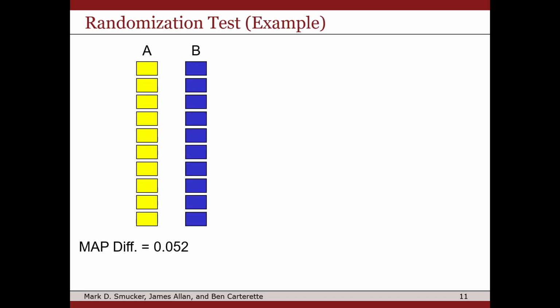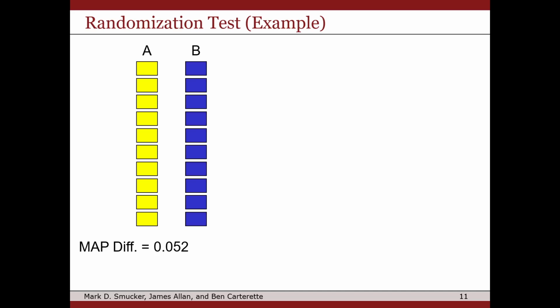So here's our example. We have System A and System B. Each one of these rectangles represents a topic, and there's some score. Imagine actually that it went on for all 50 topics. So when we average the differences, it shouldn't actually be the MAP difference.